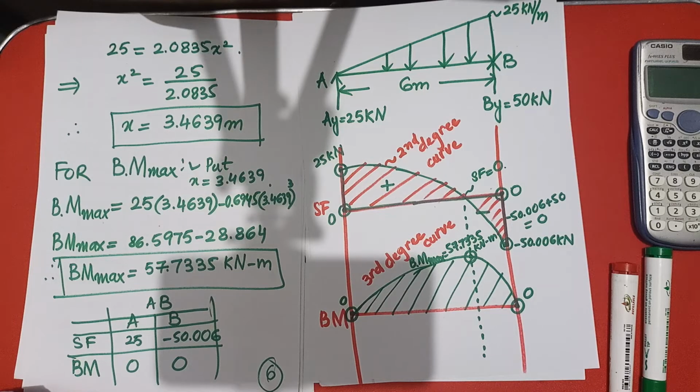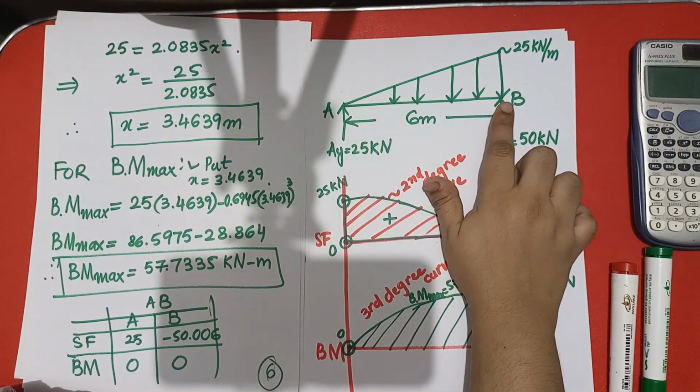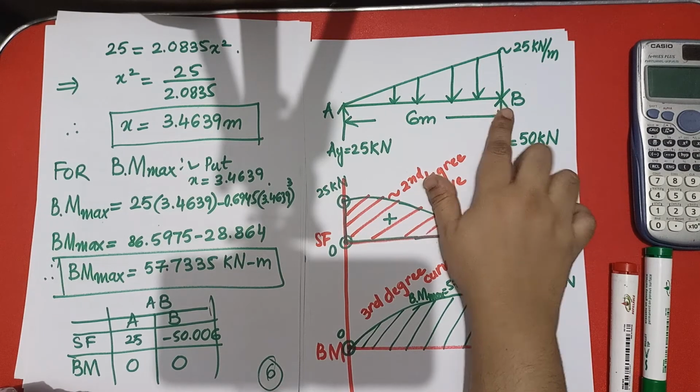and how you can draw the shear force and bending moment diagrams for a beam which is having triangular loading. And keep this in mind: if you are having triangular loading starting with the shorter side of the triangle on your left hand side, and the bigger portion of the triangle on your right hand side.